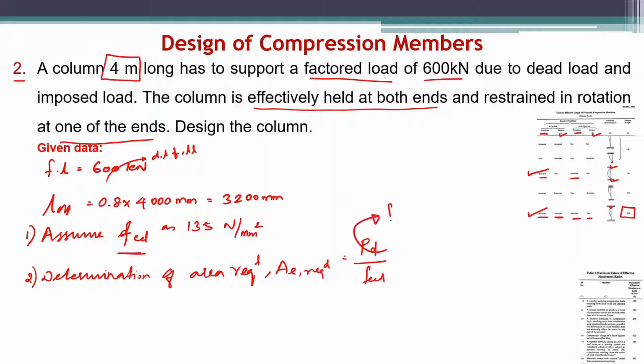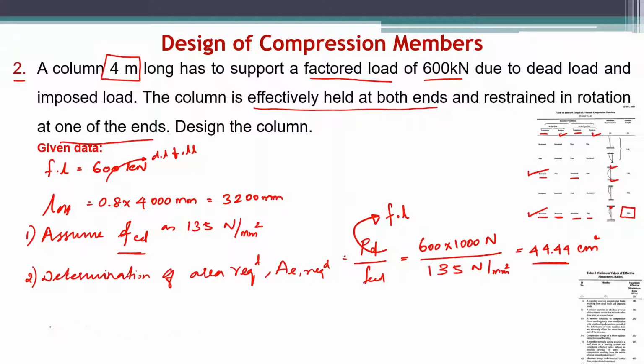Here PD is the applied factor load, which is 600 kilonewton. I have converted it into Newton, and the assumed design compressive stress is 135 Newton per mm square. So area required is 44.44 centimeters square. Now I know approximately how much area is required.